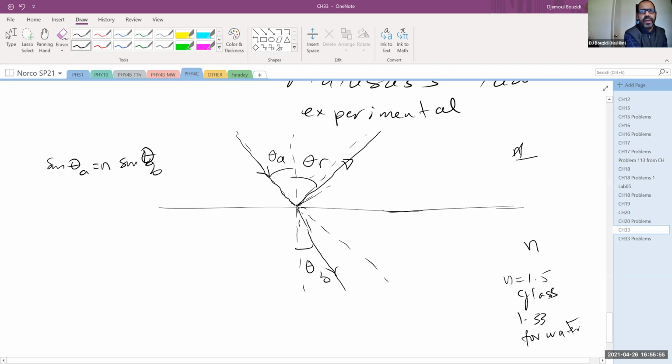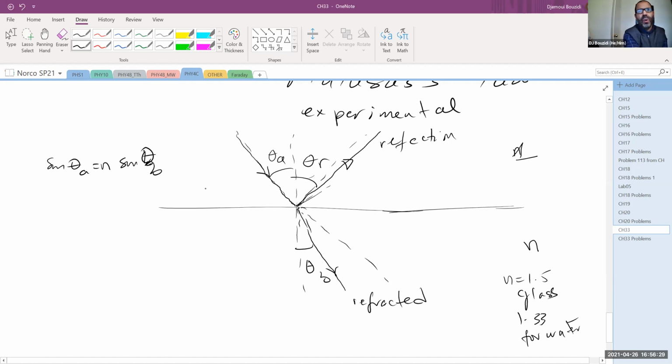In this case, you will always have a theta R. Part of the lab that we'll be doing next Monday is measuring the intensity. You will see that as n increases, the refracted light will be less and less, and it's going to increase the reflection. So there is a reflection and there is a refraction. This is the reflected, and this is refracted.